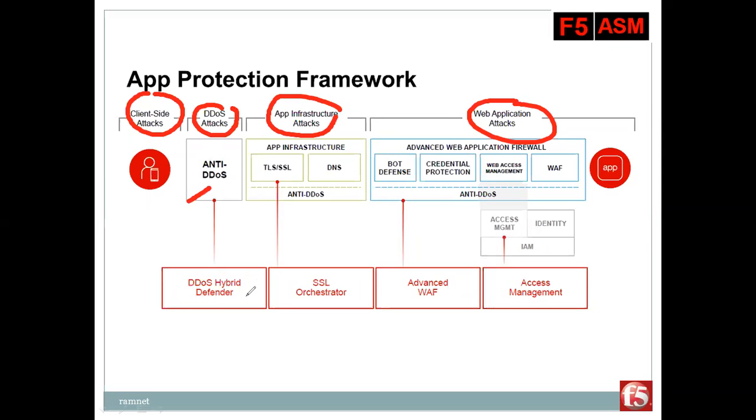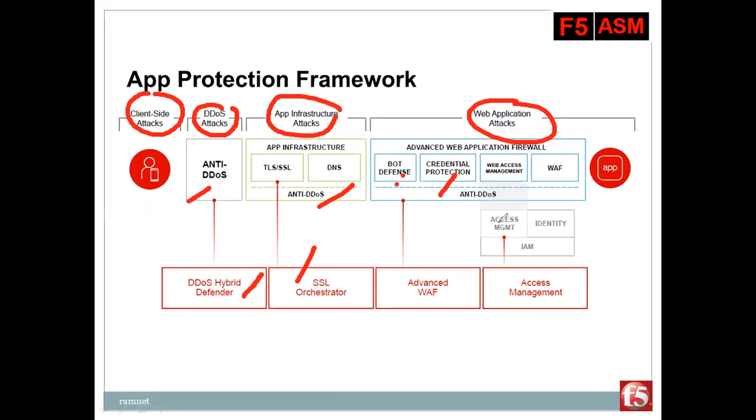Anti-DDoS is provided by DDoS Hybrid Defender. Application infrastructure attack is like TLS and SSL, DNS and other things, handled by the SSL Orchestrator. When web application attacks are happening, it is handled by the advanced web application firewall, which we normally call a WAF. Bot defense is possible.